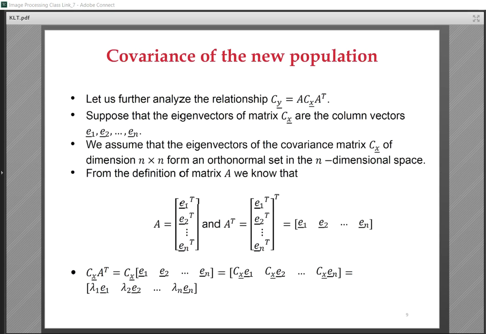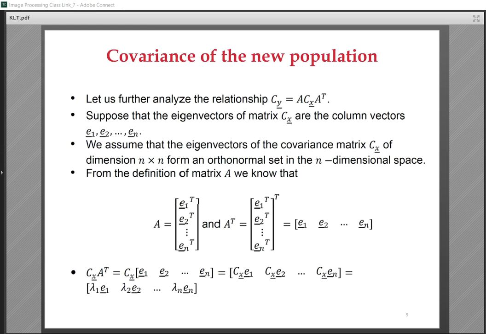Okay, we see here some discussions about the covariance of the new population, the Y domain or Y space. Let us further analyze the relationship of Cy and A. Suppose that the eigenvectors of matrix Cx are the column vectors E1, E2, En.